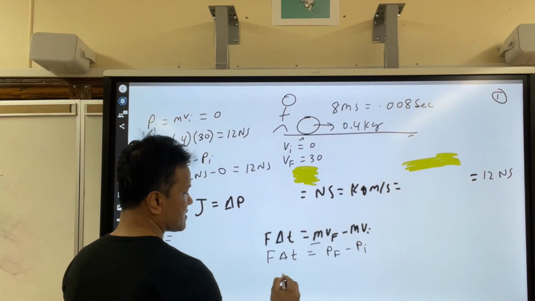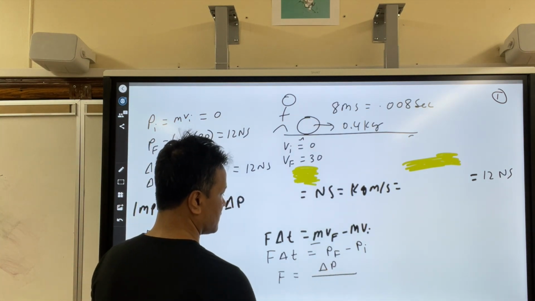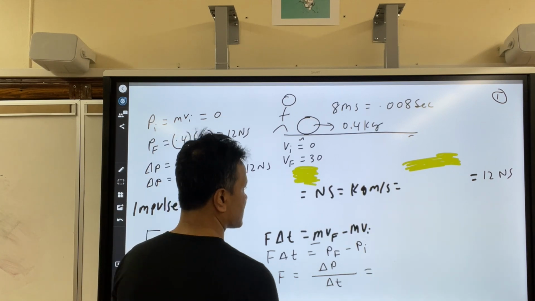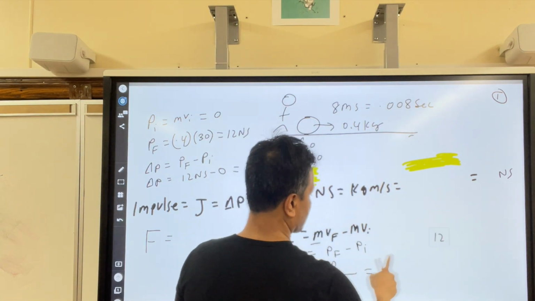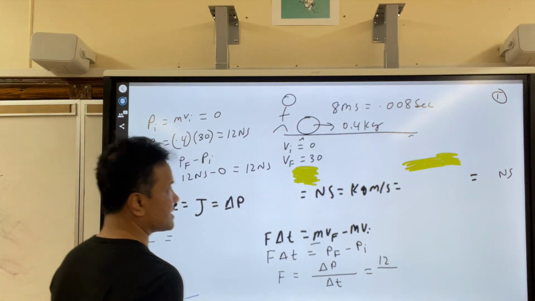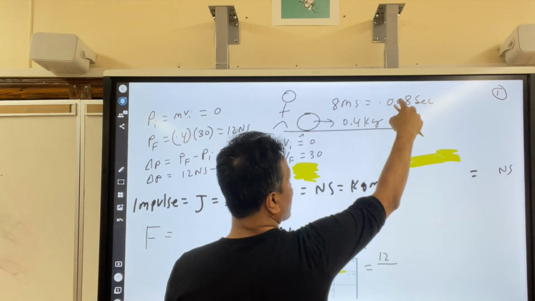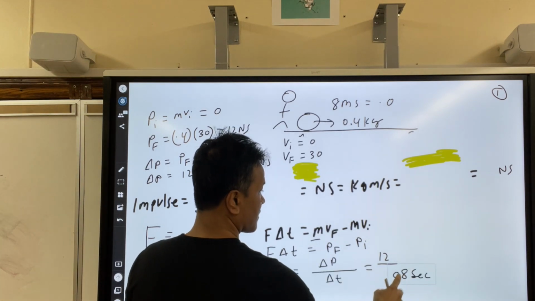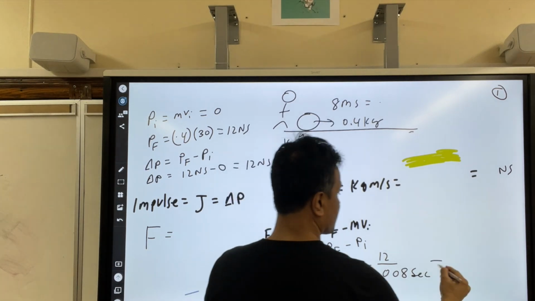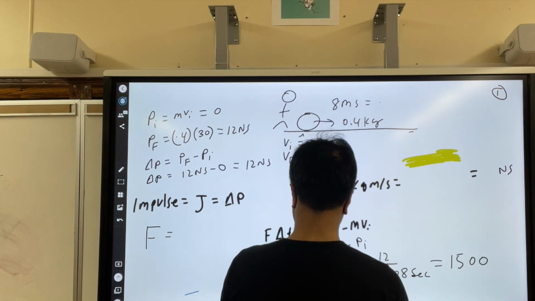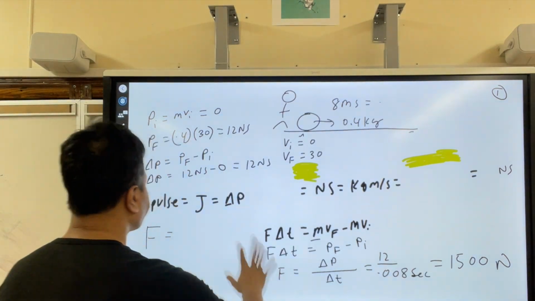So F is equal to delta P over delta T. We have delta P here, and we have delta T somewhere. So it's 1500 Newton.